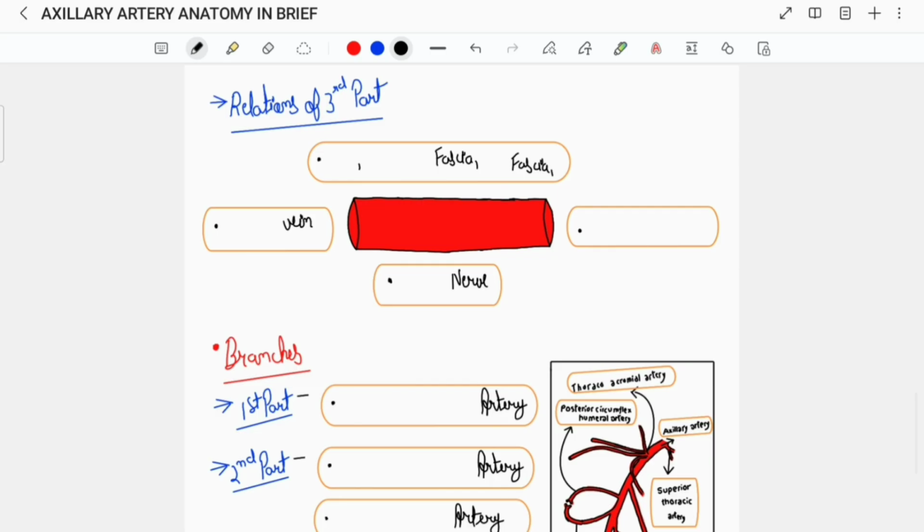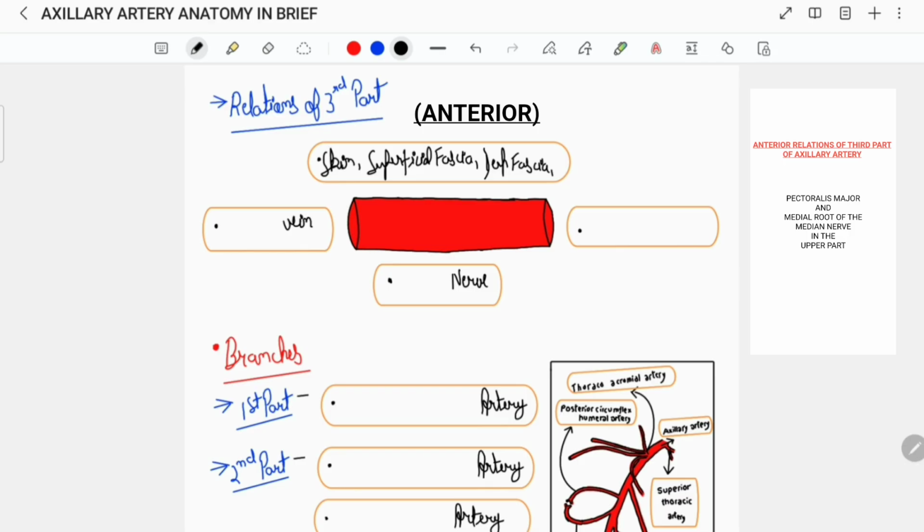The third part of axillary artery is related anteriorly to the skin, the superficial fascia, and the deep fascia. Also, in upper part, there are pectoralis major and the medial root of median nerve.